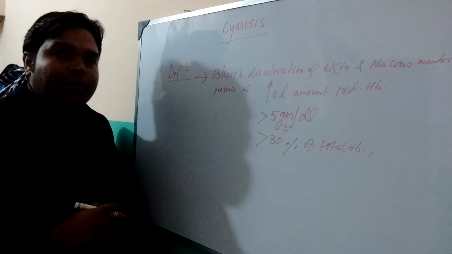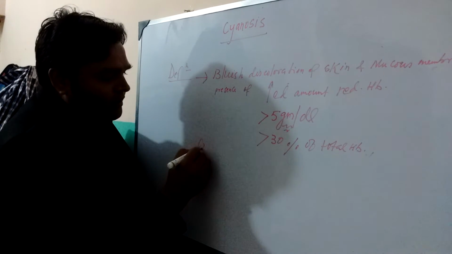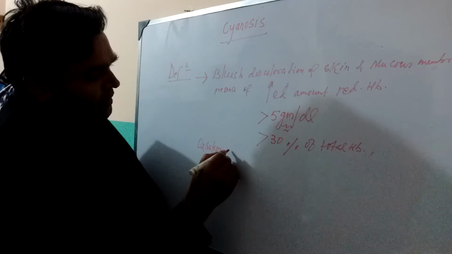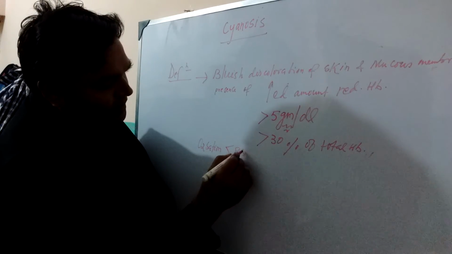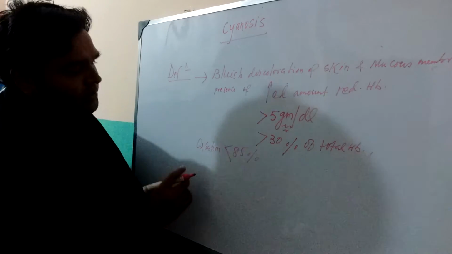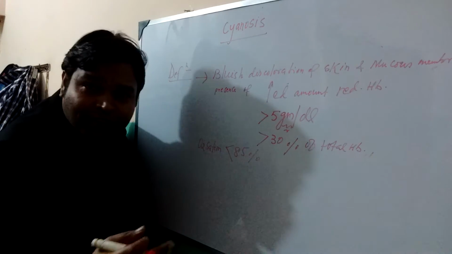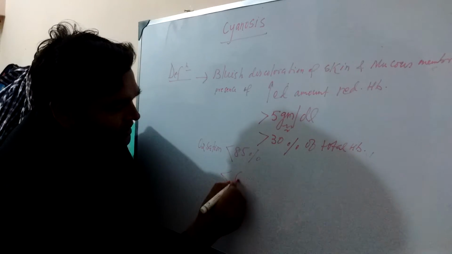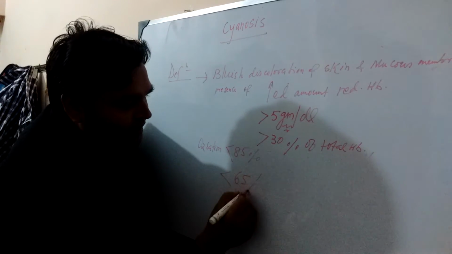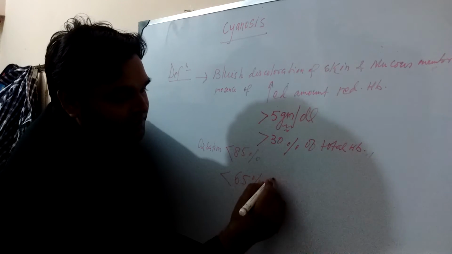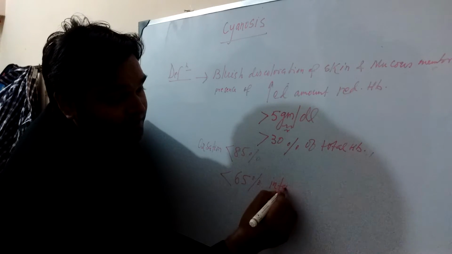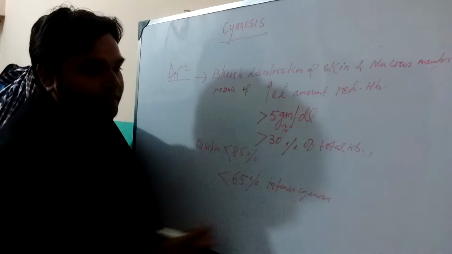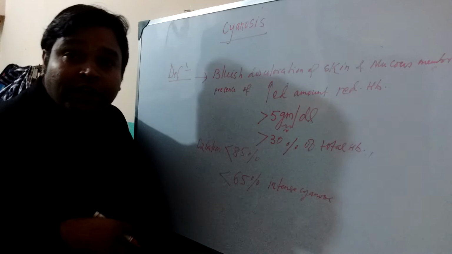Cyanosis starts appearing when the oxygen saturation starts dropping to less than 85%, and when this oxygen saturation becomes less than 65%, it is very critical. That is intense cyanosis, and the patient may go into a spell, a cyanotic spell.